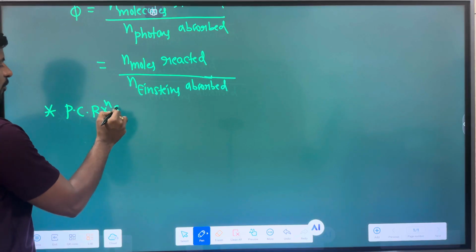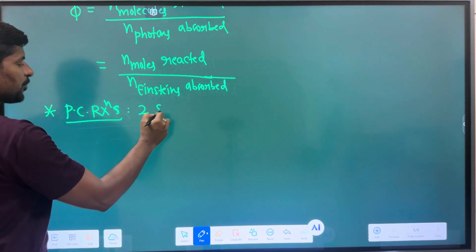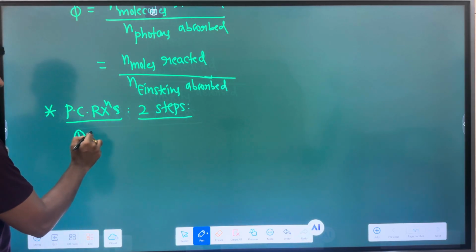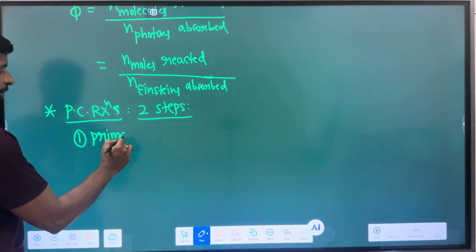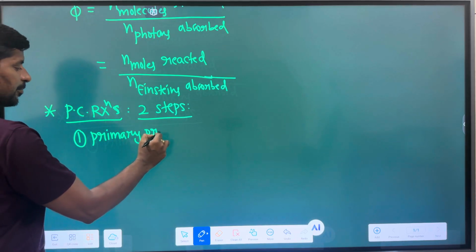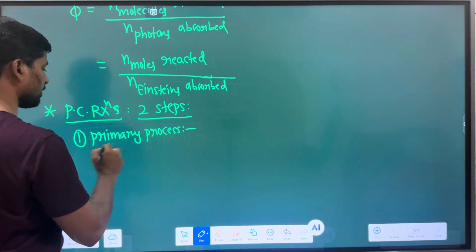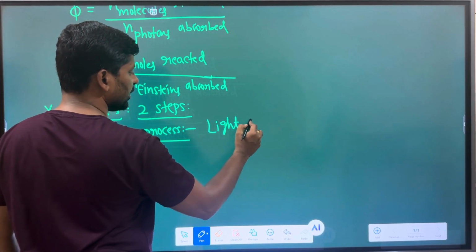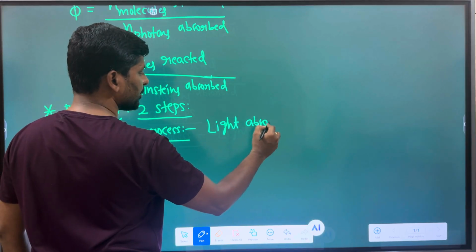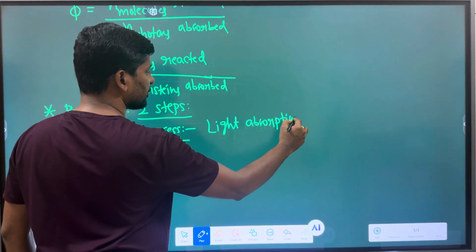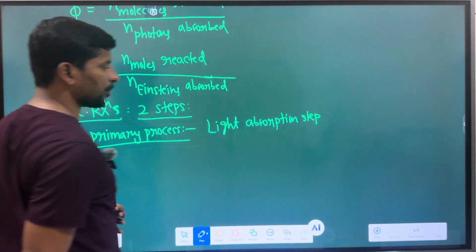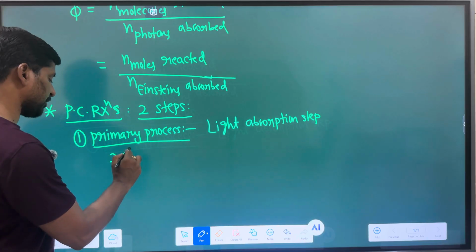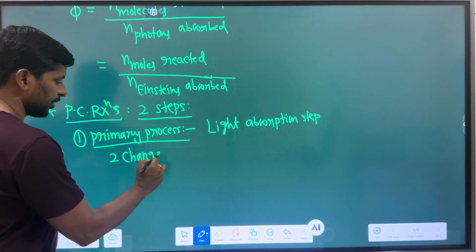Generally, photochemical reactions involve two steps: one is the primary process, another is the secondary process. The primary process is also called the light absorption step. In the first step, light energy is absorbed, and in the primary process we may observe mainly two changes.